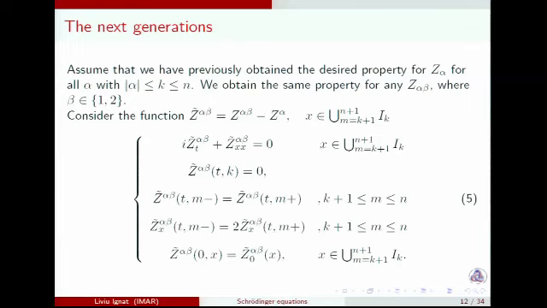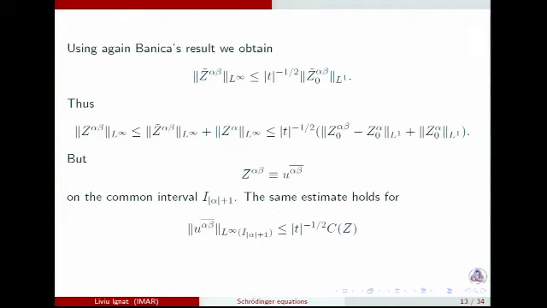And again, this equation could be reduced to the Valeria case, and we obtain that z tilde alpha beta satisfies such L1 to L infinity decay. And using the definition of z and the inductive hypothesis, we can prove that also for the generation k plus 1 we have such L1 to L infinity decay.